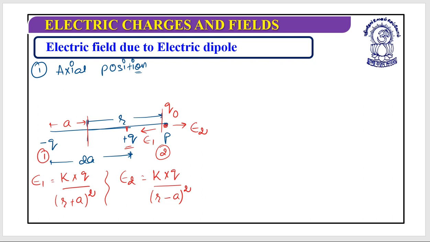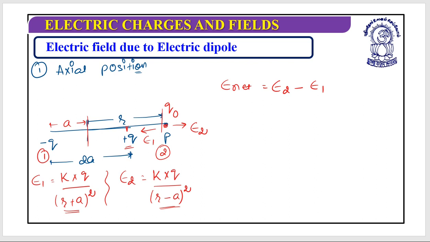Now which one would be larger in magnitude? Look at this. Here it is r plus a whole square, here it is r minus a whole square. By observation you can see that when we calculate E net, E2 would be higher and E1 would be lesser. So E net is equal to E2 minus E1.